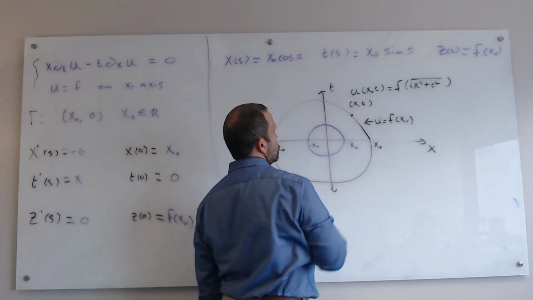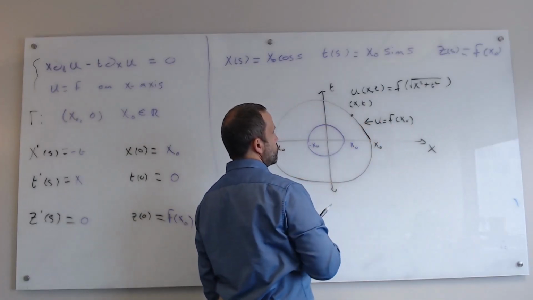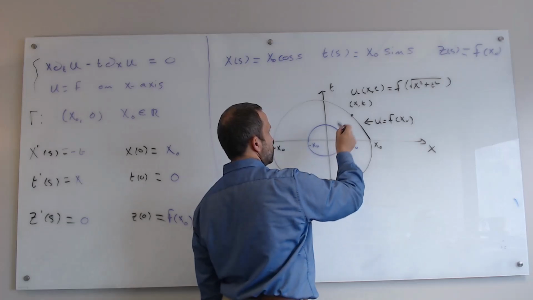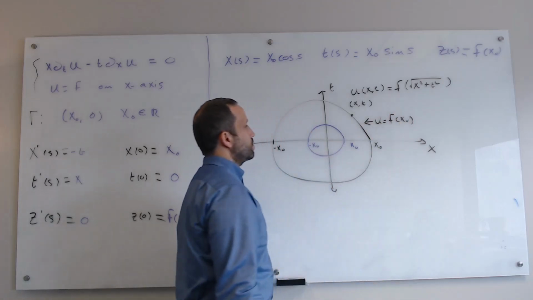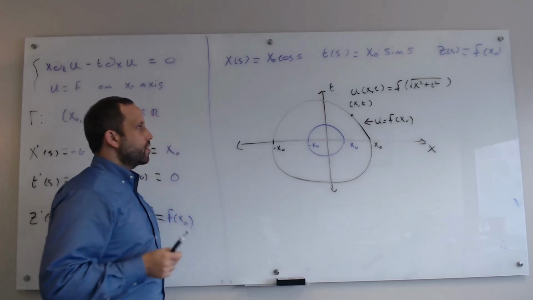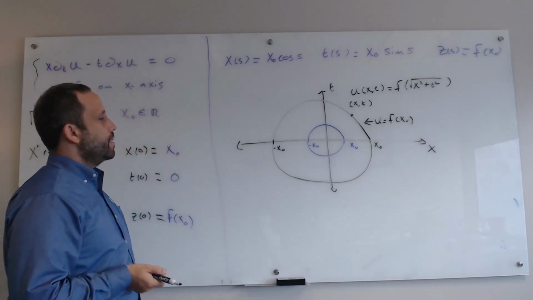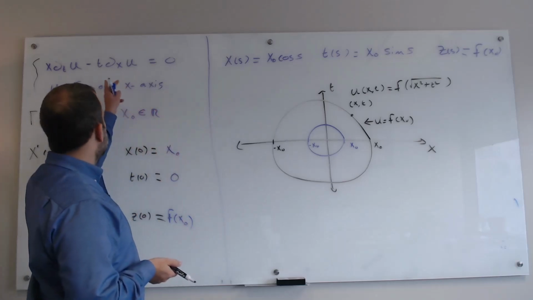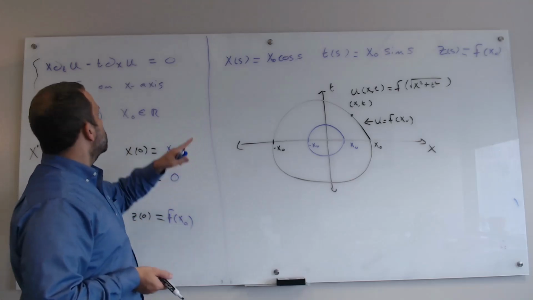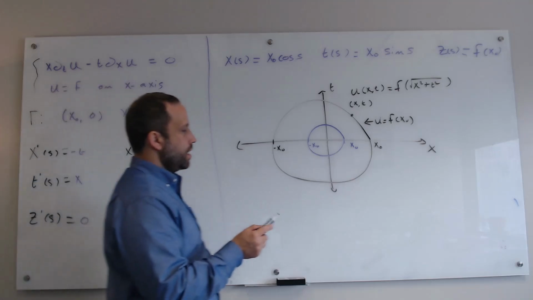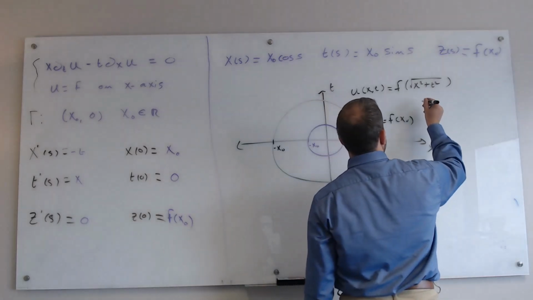Because this circle is a circle of radius x naught, the radius of the circle is the distance from there to there, which is the square root of x squared plus t squared. Okay, and so now the question is, does this satisfy the PDE? Does it satisfy the problem over here? Well, I'll let you think about whether or not it satisfies the PDE, but let's look at u of x0.